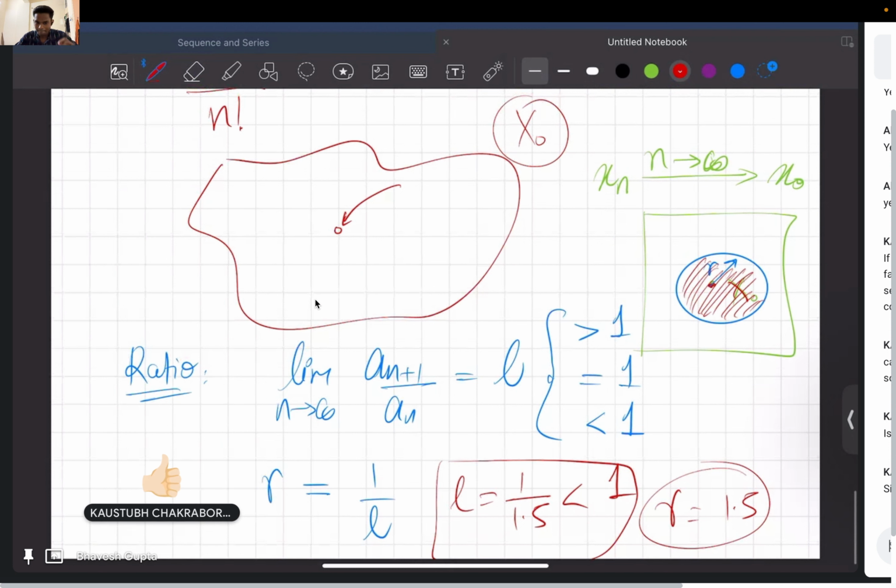Sir, is this radius similar to epsilon in the definition of limit? No, that's a different thing. Epsilon and delta are also radii, but they are very small radii. Whenever you see epsilon and delta, these small Greek letters in mathematics, we take them to be positive numbers very close to zero.